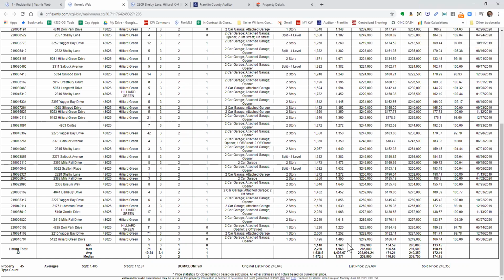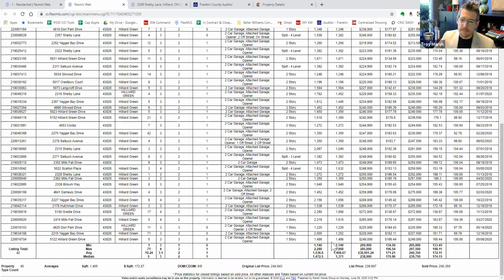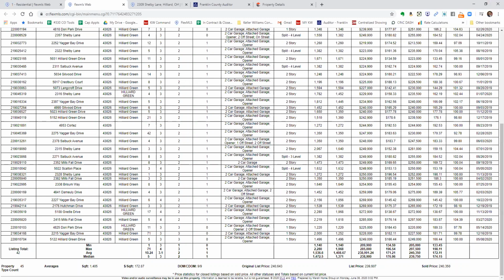Thank you. And then also the other conversation too is that oftentimes the ranches tend to be the smaller square footage, and those also tend to sell for a higher price per square foot as well. So that also factors into it sometimes, but not always. And that's because of demand for the ranches, right?